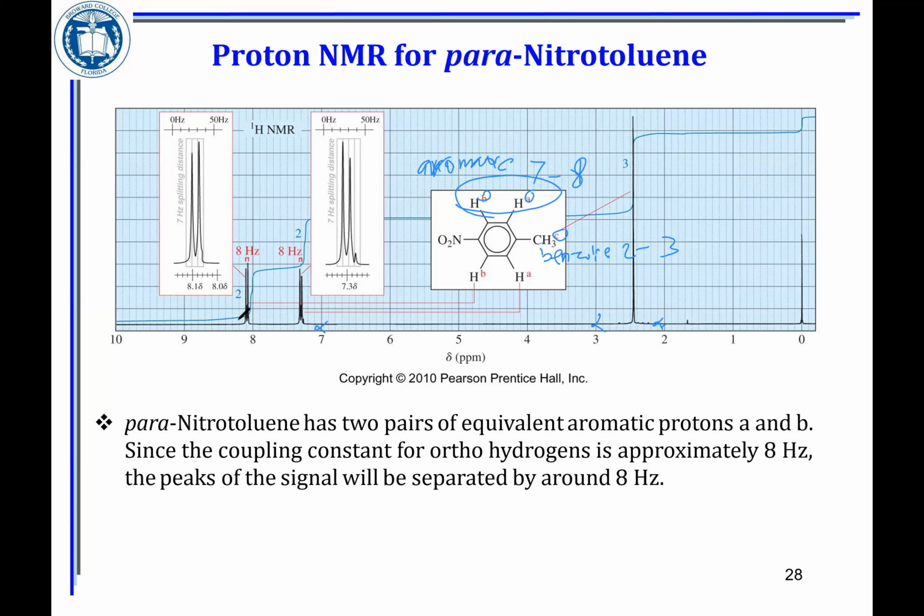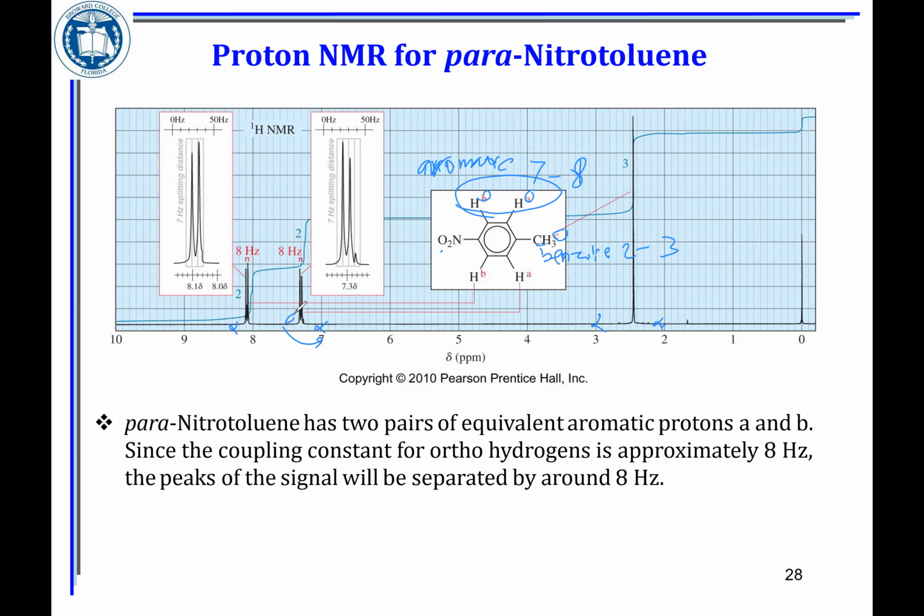Now, just like IR, if it's attached to an electron withdrawing group, it's going to shift to a higher number. If it's attached to an electron donor group, it's going to shift to a lower number. So based on the nature of CH3 and NO2, hydrogen A is closer to the electron donor group, so hydrogen A is going to appear closer to 7.